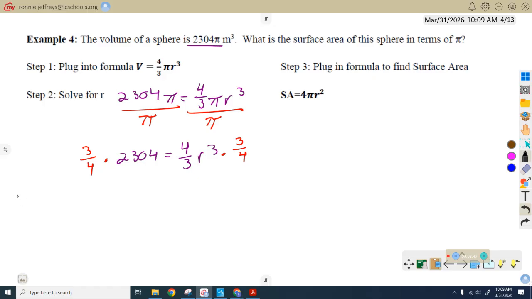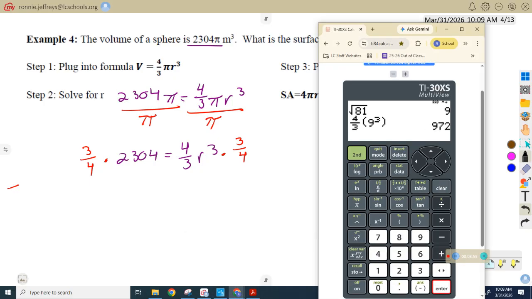All right. Now, you can use the fraction, 3/4, but what's 3/4 as a decimal? Yeah, you could just say 0.75 times it.